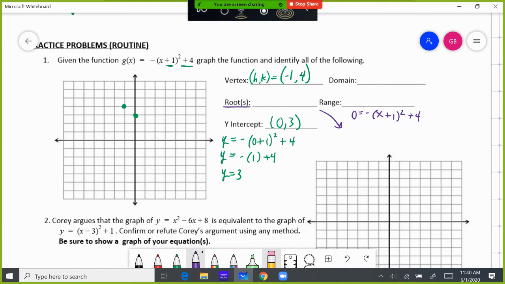You're going to subtract 4 on both sides. So if I subtract 4 now, 0 becomes -4 equals negative x plus 1 squared. I'm going to divide both sides by -1 to make the 4 positive, and the x plus 1 squared, you can make that positive.